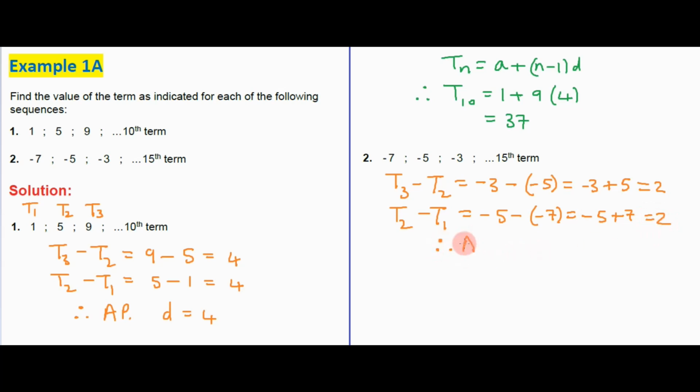So we know it's an AP with common difference D equal to 2. Once again, using the formula T sub n, we want the value of the 15th term. So it's T sub 15 equals A, which is negative 7, plus 15 minus 1 is 14 times D, which is 2. And this comes to 21.